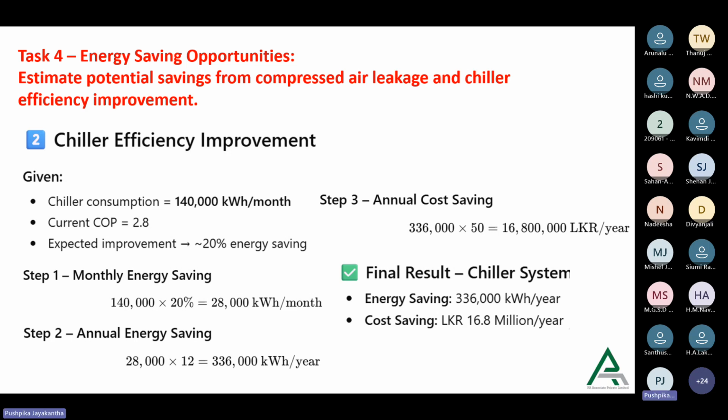So by addressing this compressed air leakage and improving chiller efficiency, the facility can achieve approximately 33.3 million cost reduction per year. So this represents a significant opportunity for immediate energy performance improvement.